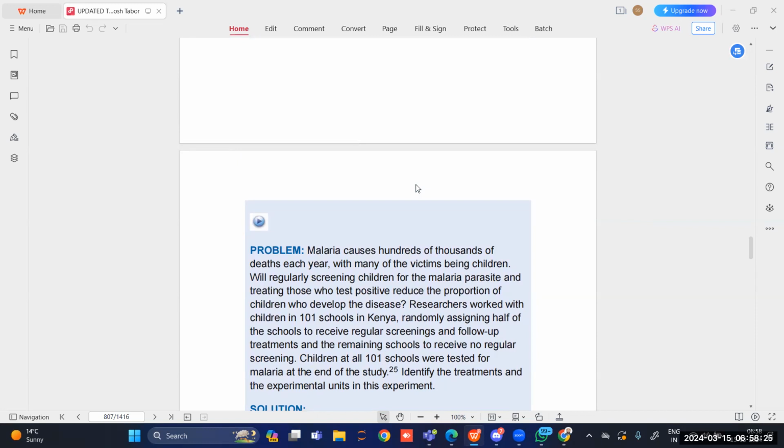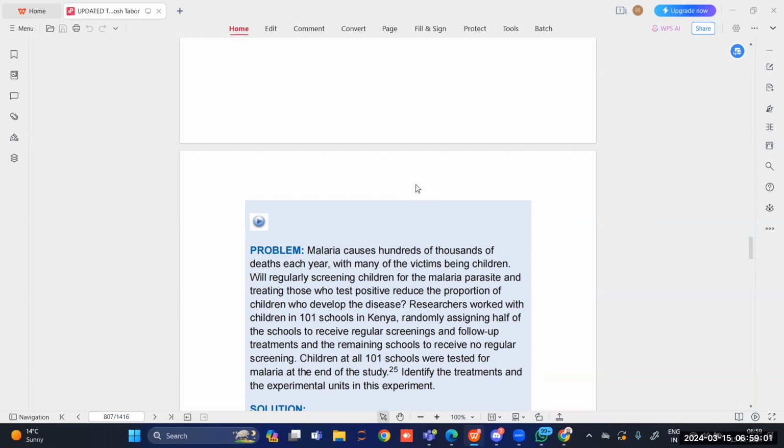Malaria causes hundreds of thousands of deaths each year, with many of the victims being children.